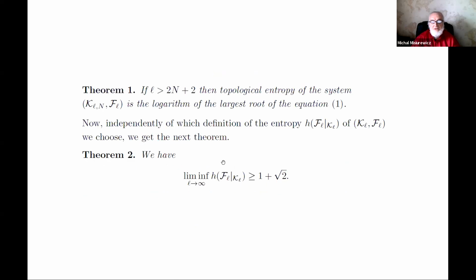And then independently of which definition of the entropy we choose, we have the lower limit of the entropy of FL restricted to KL, which is of course less than or equal to the entropy of the whole system, whichever definition we choose, it's larger than or equal to 1 plus square root of 2. So we have the lower bound which we wanted.